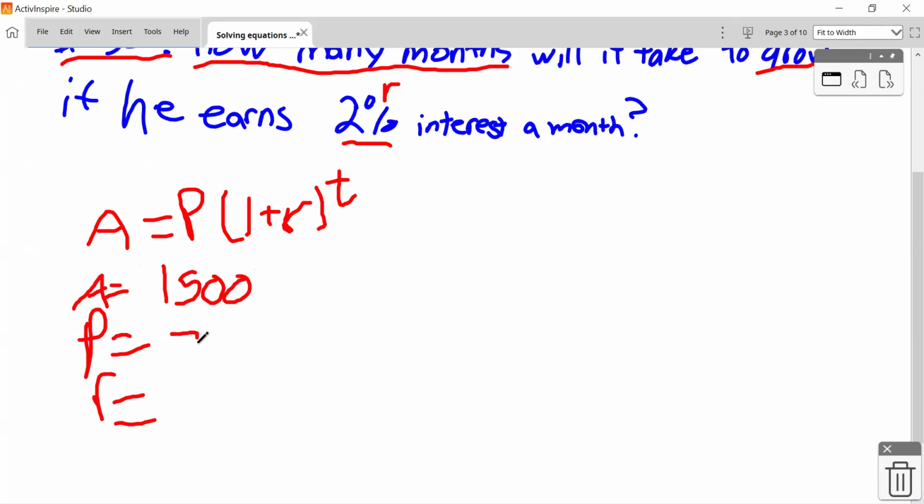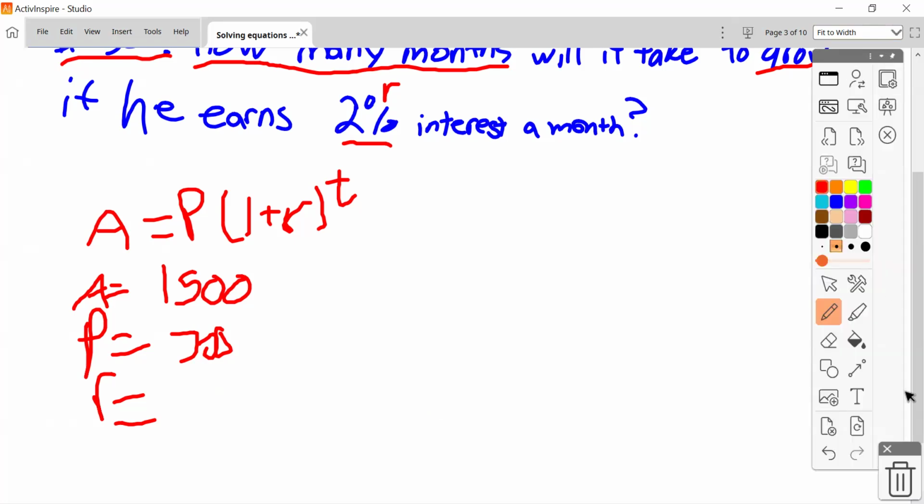A is 1500, P is 700. I promise that's a 7. I'm trying to do this with my finger. That's 700, I promise. I hope you're listening without sound, just in case you're not. Let me go back and try to make that somewhat legible.